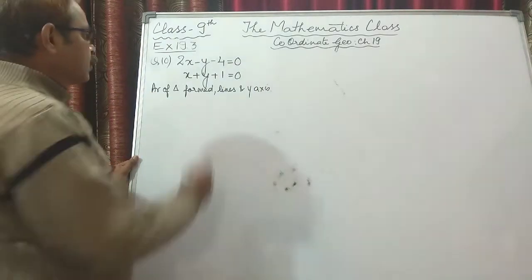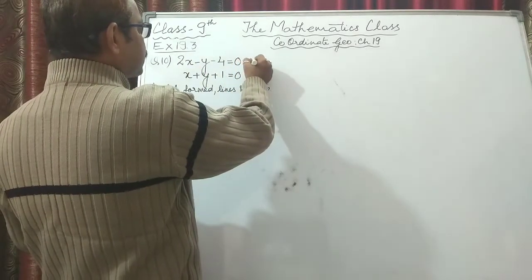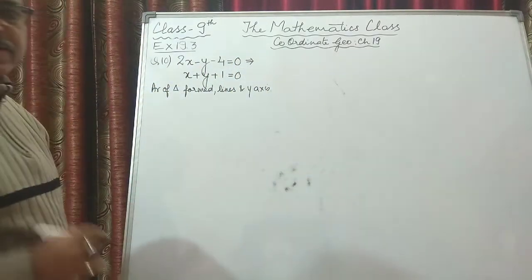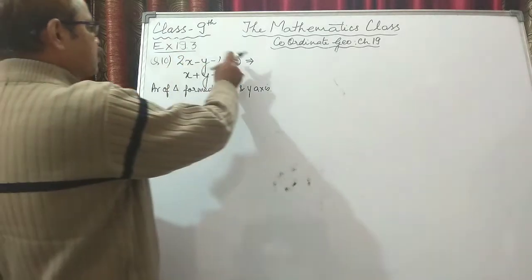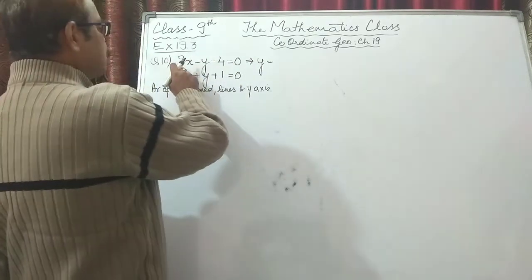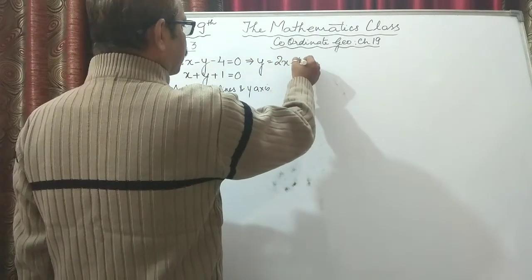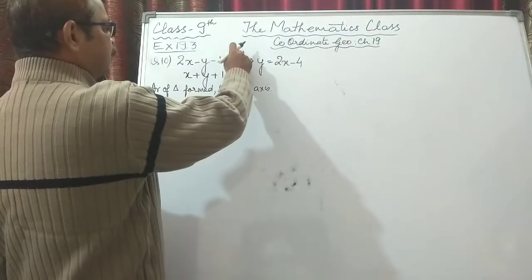For this, first of all, we always convert the equation into the form where the subject is y. So y goes to this side. It means y can be written as 2x minus 4. Y goes to the right hand side, it becomes positive.